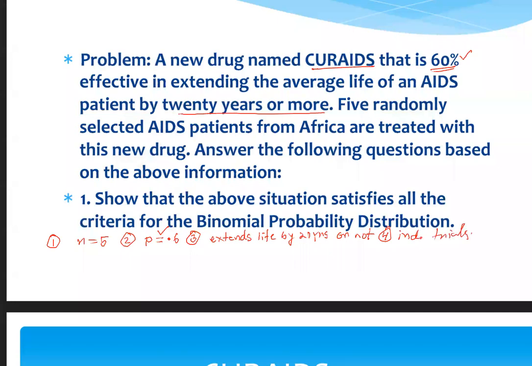In the exam, please do not do this. Do not just write a fixed number of trials, or probability constant, 2 outcomes, or trials are independent. You actually have to contextualize the problem. You tell in the context of this problem, fixed number n is 5. Probability is 60%, either extend life by 20 years or it doesn't.